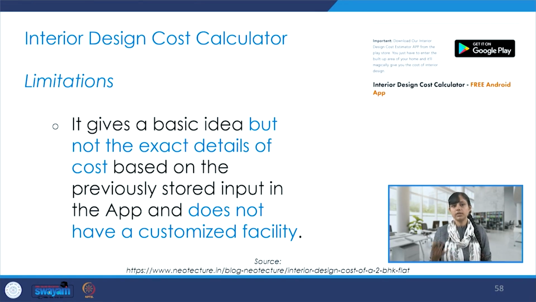There are also some limitations. It gives a basic idea but not the exact details of cost. So, of course, one has to do it in detail, and one has to take proper training and proper guidance. It also does not have a customized facility. It's all pick and choose, and very limited to what the program or algorithm available on the site offers.